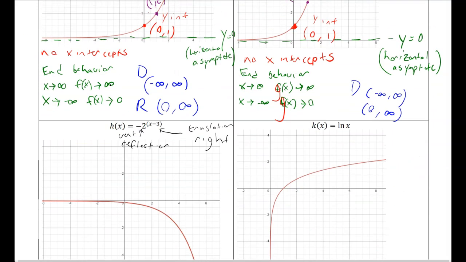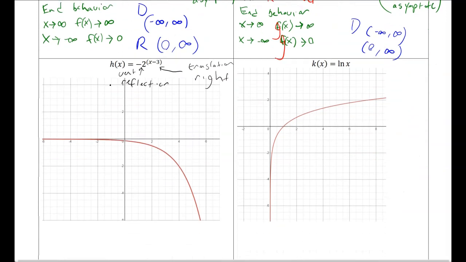And we're going to consider all of the same key points. So we have a y-intercept, and here we have to do a little bit of work. So my y-intercept would be at 0, let's see, we have negative 2 to the negative 3, which would be negative 1 over 8, and that looks about right from the graph that we have.